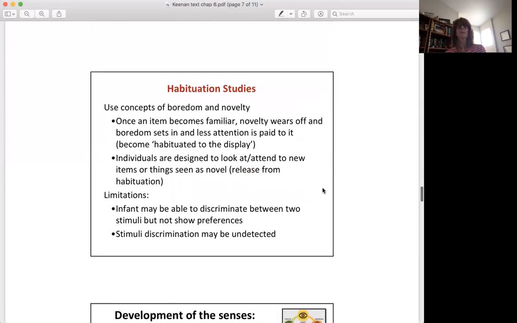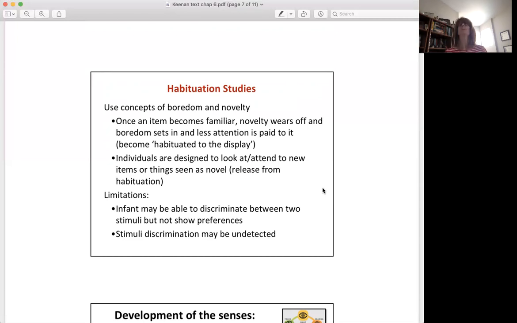Through something called habituation studies, it's a concept of boredom and novelty. And I think many of us suffer from it. If the environment around us is boring, the same, we tend to seek out new and novel things. So in some respects, once an item becomes familiar, the novelty wears off and boredom sets in, and less attention is paid to it because of the habituation.